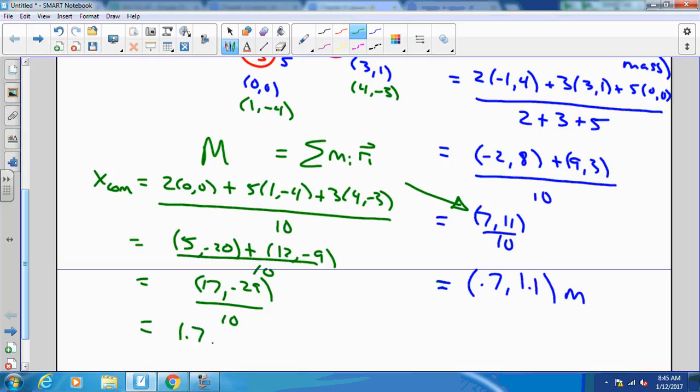Boy, I'm in a hurry today. Which gives me <1.7, -2.9> meters.